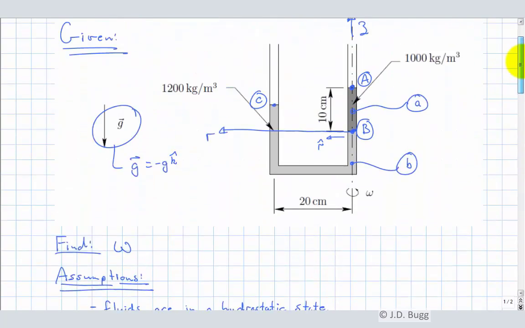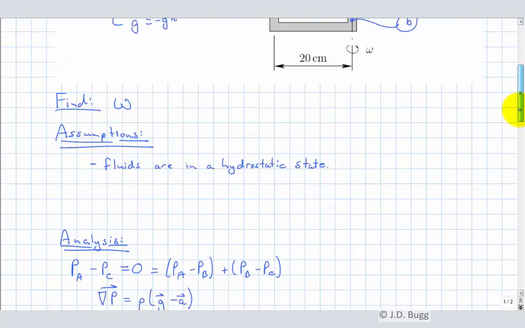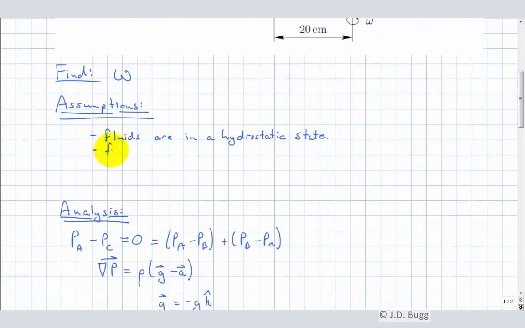Now, that's true as long as this fluid doesn't have to go down so far that this point B goes around the corner. So really, when we do that, we're assuming that this fluid A stays in the right leg. So we should put that in our assumptions list here. Fluid A stays in the right leg.